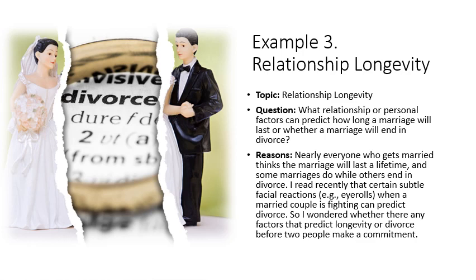I was reading this Gladwell book that referenced some other research by Gottman that was really interesting, indicating that certain subtle facial reactions like eye rolls when a married couple is fighting can predict divorce. So I wondered whether there were any factors like that that predict longevity, a marriage that will last, or divorce before 2 people actually get married, before they make the commitment.